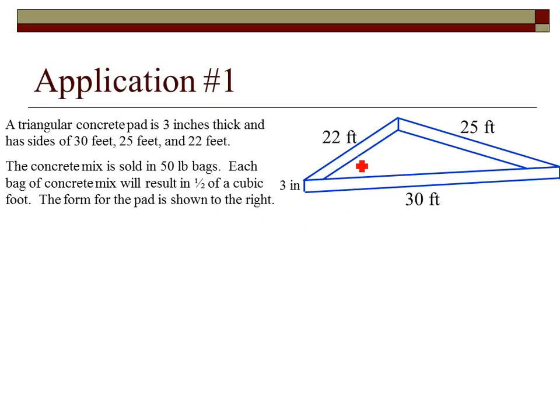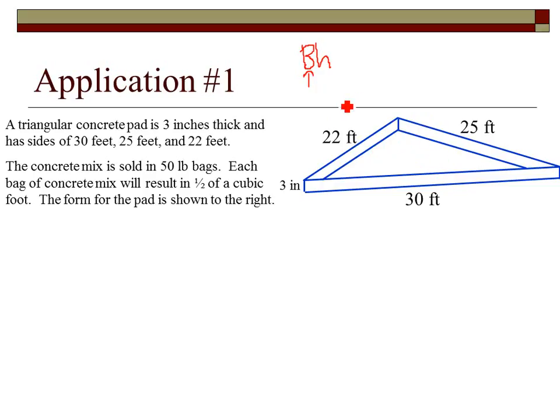In order to find out what this area is, any time you have a shape that's the same moving upward, you have a common base and it's the same just going with the height. The volume is the base area times my height. I need to figure out first what is the base area. So we have a triangle with sides of 22, 25, and 30.